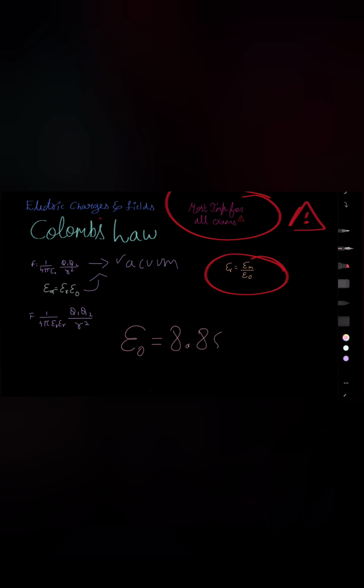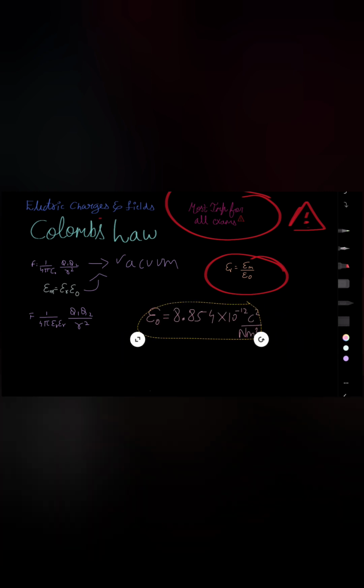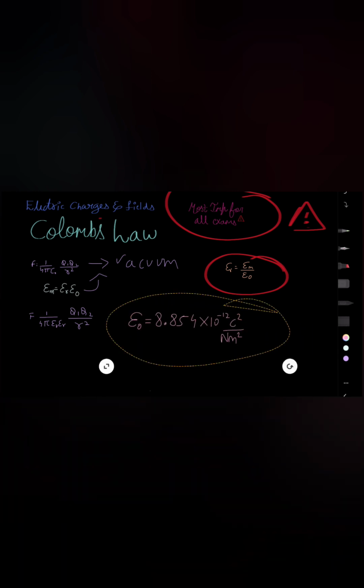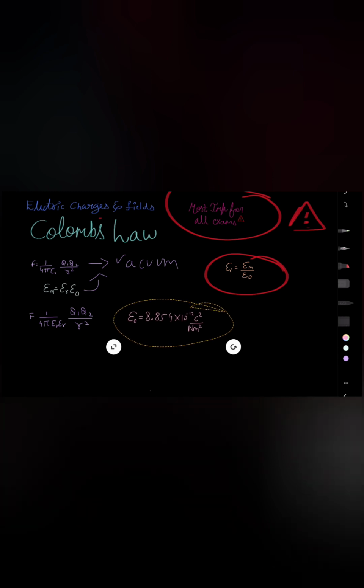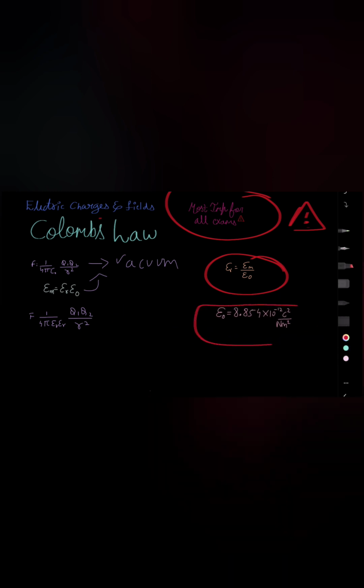We have to remember 8.854 into 10 to the power of minus 12 coulomb square per newton meter square. This is also important to remember.